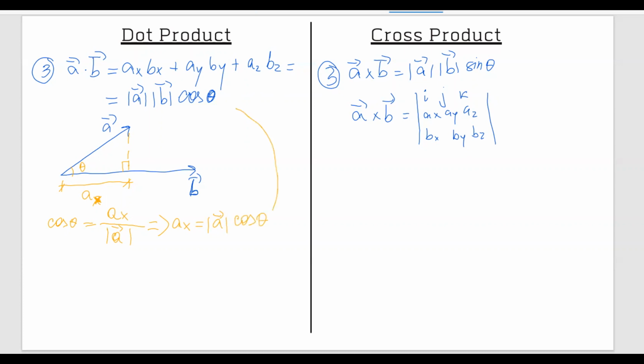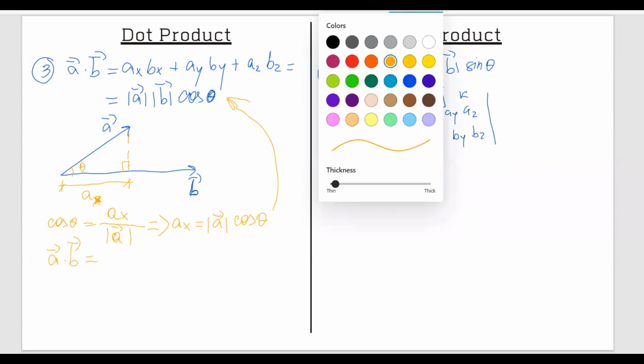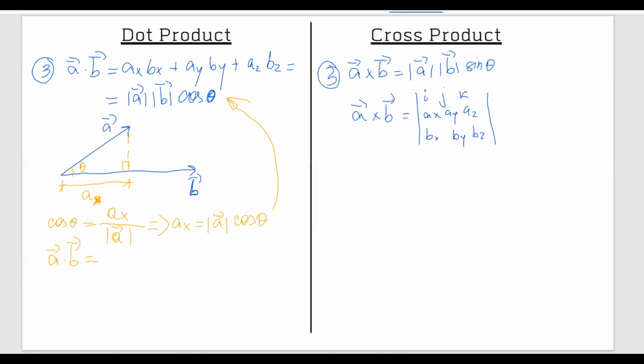So now let's go back to this formula here, and I will rewrite it. A dot B equals, I have magnitude of vector A cosine theta is equal to AX.